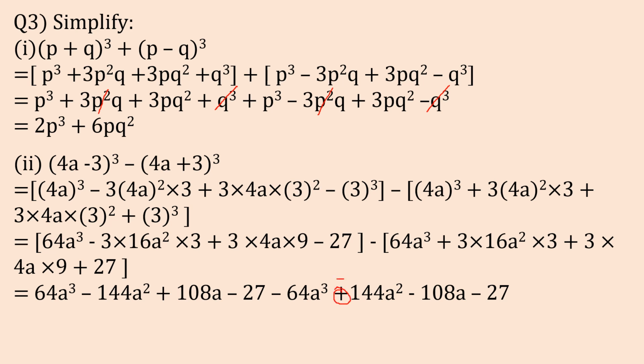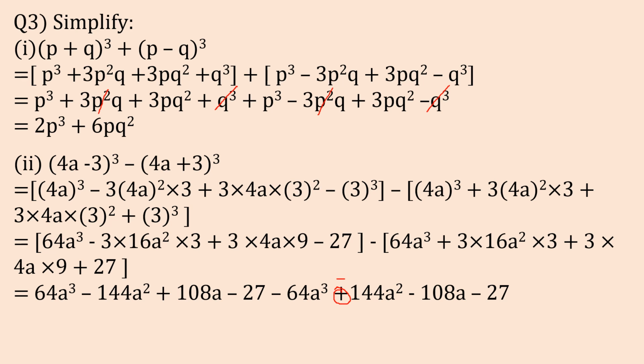Now it will become 3 into 16a square into 3. It will become 144a square. Now plus into minus will give you minus. Now 3 into 4a into 9 will give you 108a. Now plus into minus, it will become minus. Then 27 will come as it is.